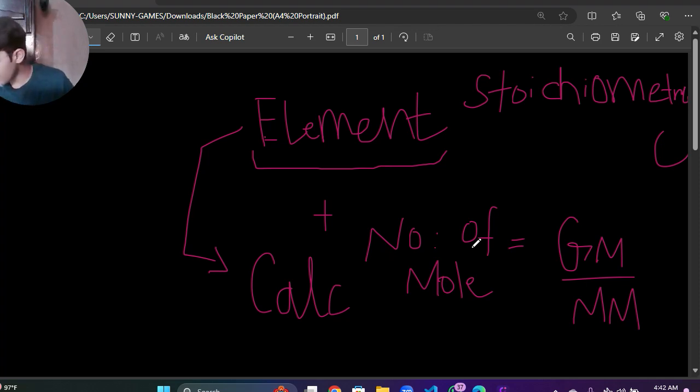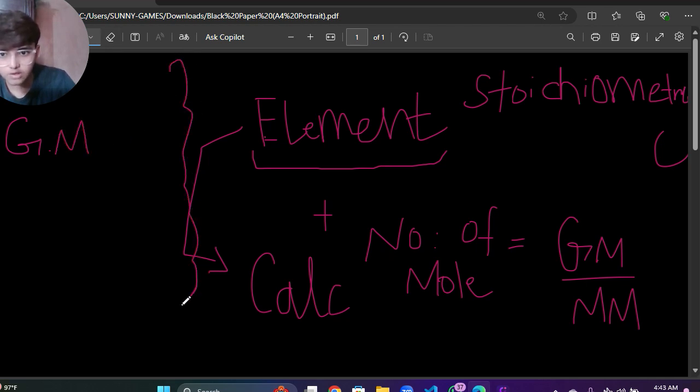Now, first of all, I have to calculate the number of moles, and what is already given is my given mass. So, I will just create a separate portion for this. Given mass is equal to 25.5 gram. And we have to find the moles of 25.5 gram of an element that is sodium.